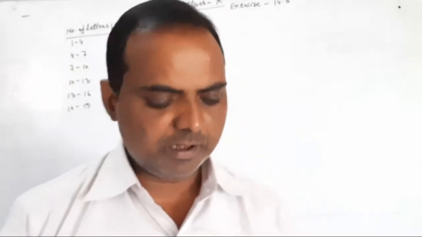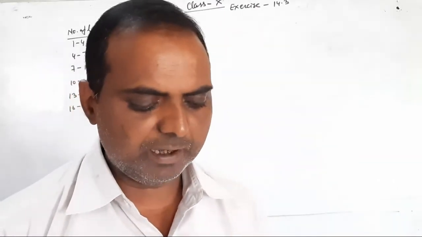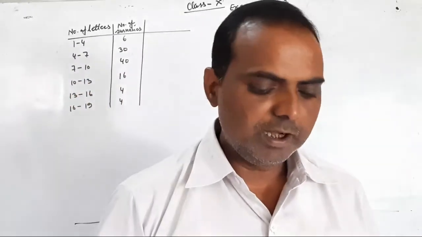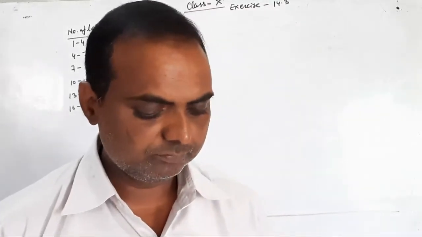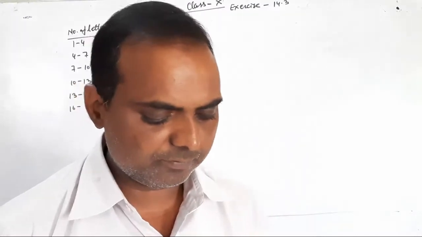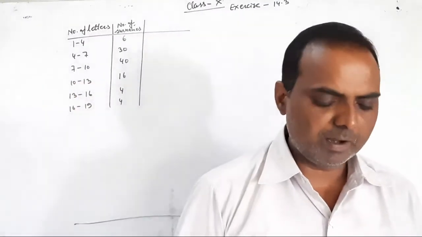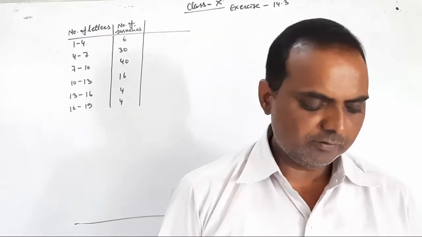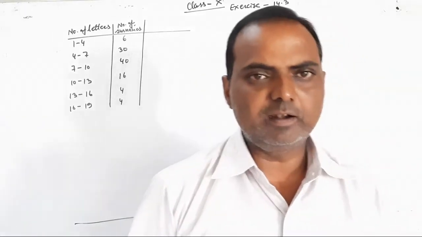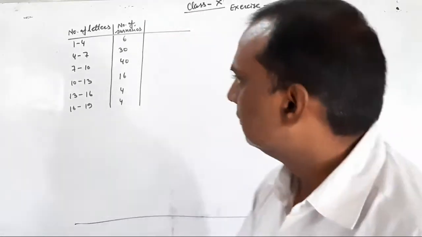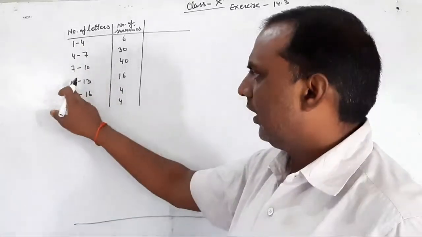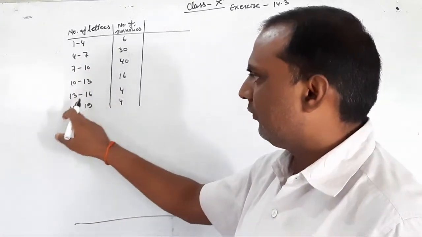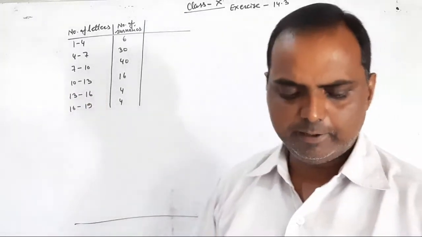100 surnames were randomly picked up from a local telephone directory, and the frequency distribution of the number of letters in the English alphabets in the surnames was obtained as 1 to 4, 4 to 7, 7 to 10, 10 to 13, 13 to 16 and 16 to 19.